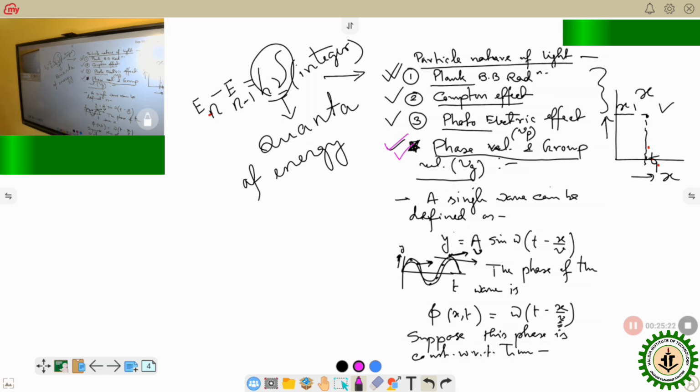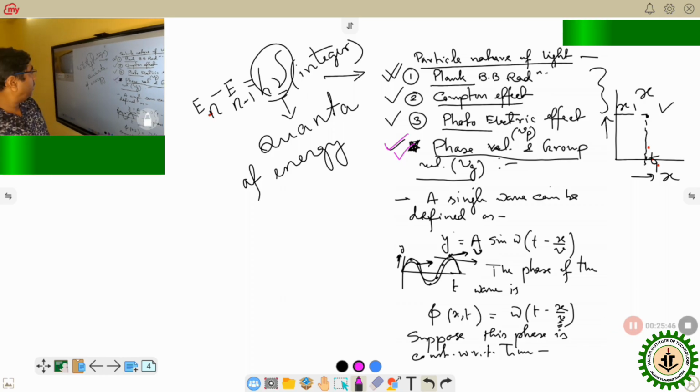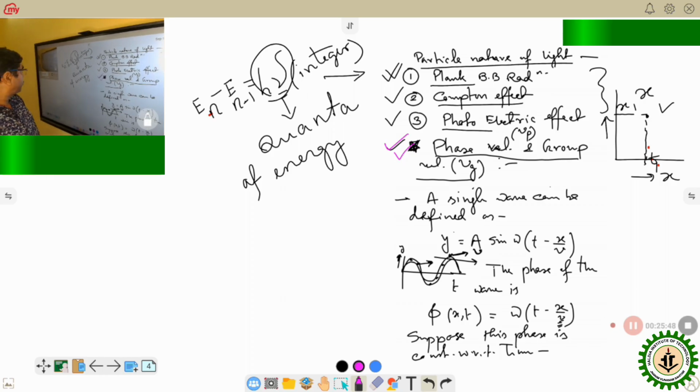In phase velocity and group velocity, we basically want to learn about the velocity with which a single wave moves forward, as well as how a group of waves moves forward through a medium.